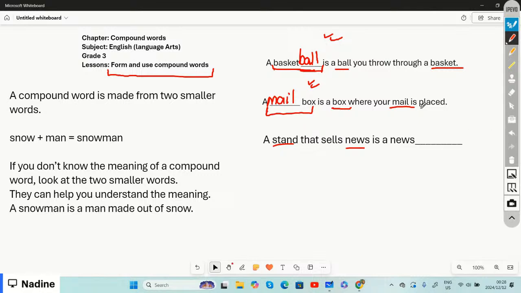We can either say it's a newsstand or we can say it's a newspaper stand, depending. But it's not just a newspaper. If it's a paper where we find news, then it is a newspaper. But if it's either newsstand or newspaper stand, one of those two, either way is correct.